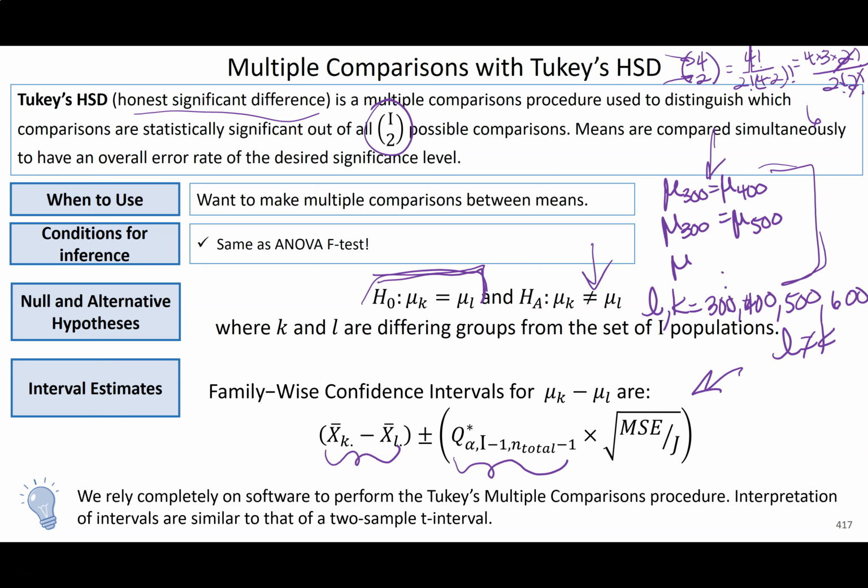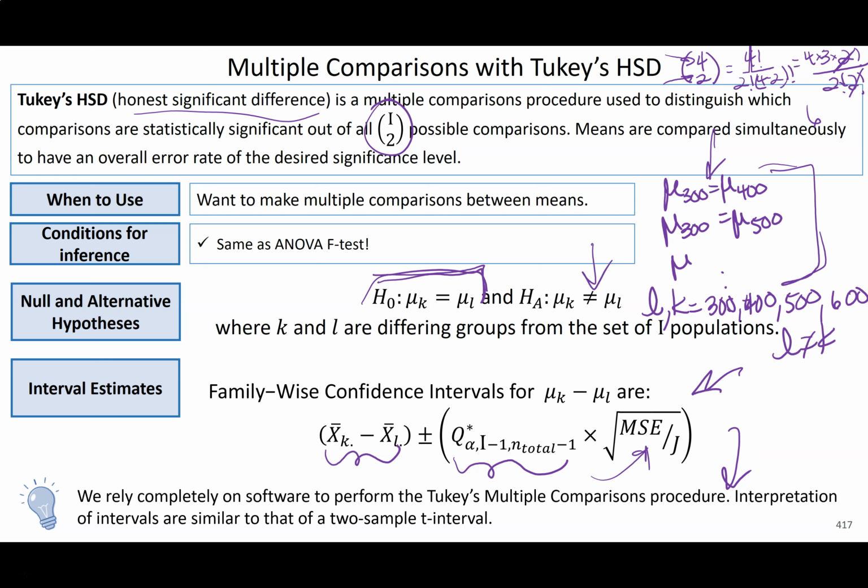And you might go, q star, here's a new type of critical value. Yes, q is its own distribution. I feel like it's exclusively used for multiple comparisons. No, there is not a table that I've ever seen on this one. We will count on R or software to calculate this for us. Trust me, this is not something you want to actually be looking up in a real table.